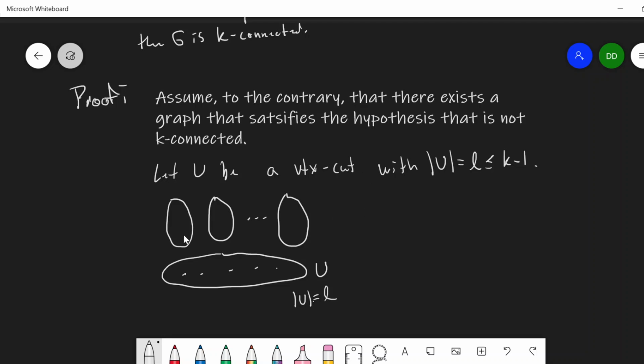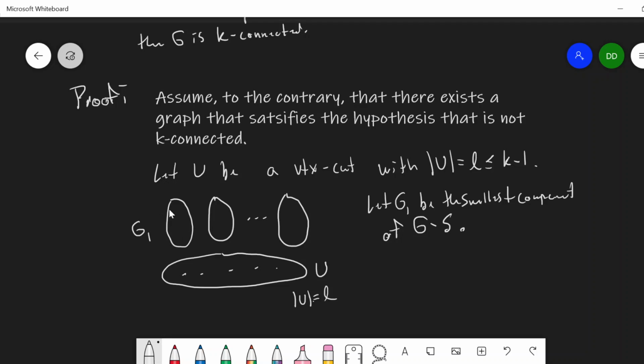So I will pick a component of smallest order, because I'm trying to find a vertex with a really small degree to go against the hypothesis. So let G1 be the smallest component of G minus U. We know it's disconnected, and I'll pick the smallest one.